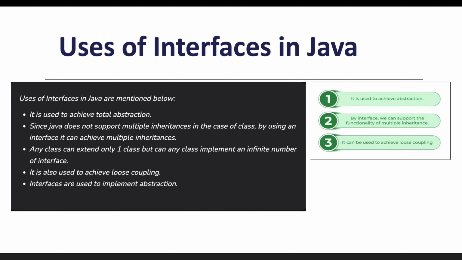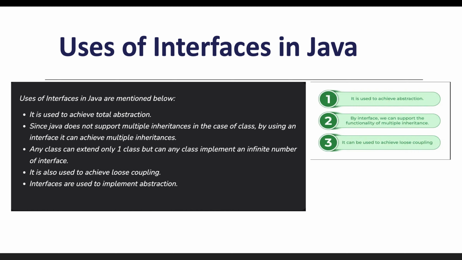Next use of interface is that it is also used to achieve loose coupling. Loose coupling in the sense that an interface can contain only abstract methods, and the implementation of those methods is going to be defined inside the subclass. So any change in the implementation is not going to impact the signature of the methods, right?